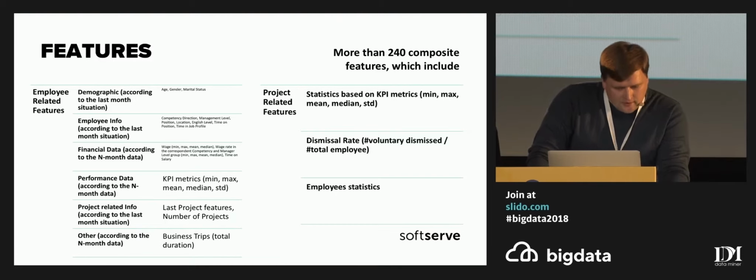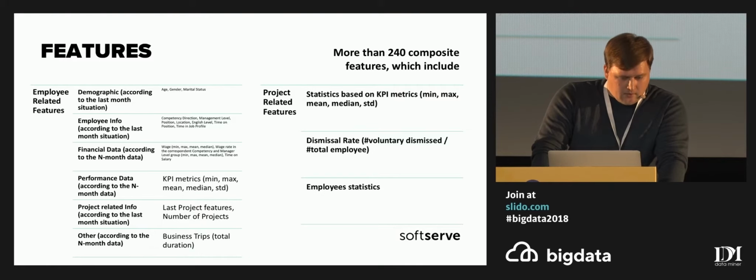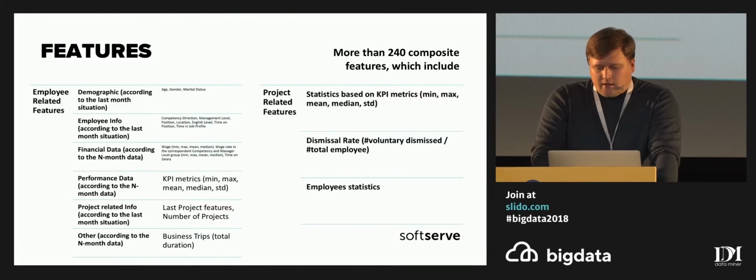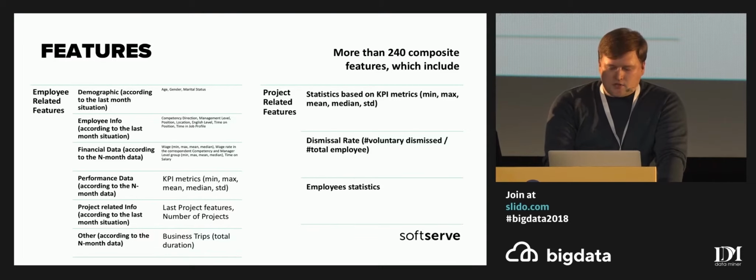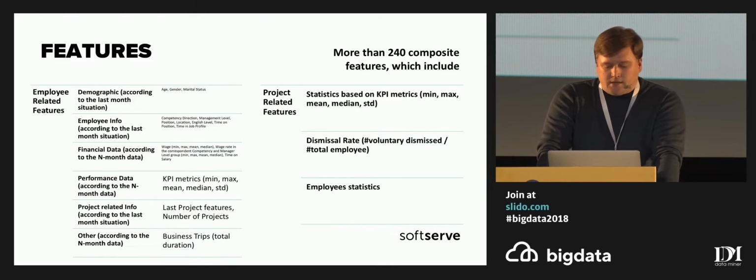Next, project-related info according to the last month's situation, for example last project features, number of projects, and information about these projects. Then some other sources: we aggregated information from them, for example features describing business trips and certification history of an employee. Moreover, we need to describe categorical variables, for example projects, line manager, dev center, etc. One-hot encoding is not a good idea for us because our solution must work with new values in categorical variables.